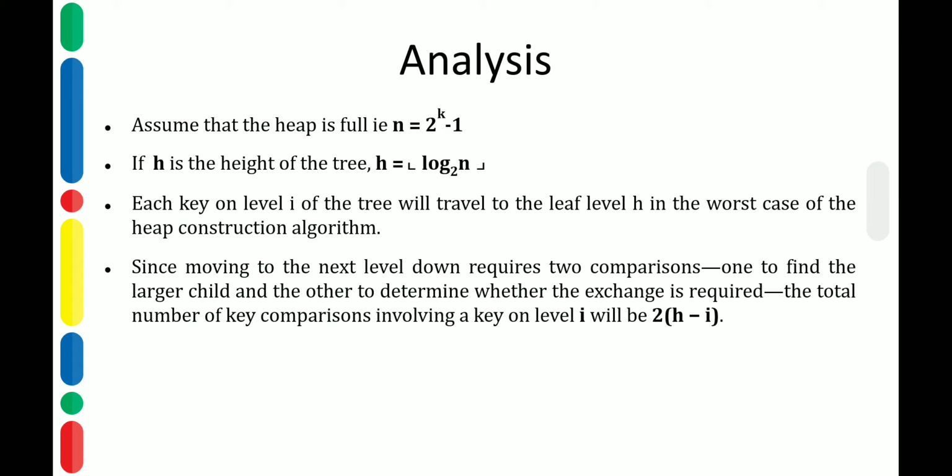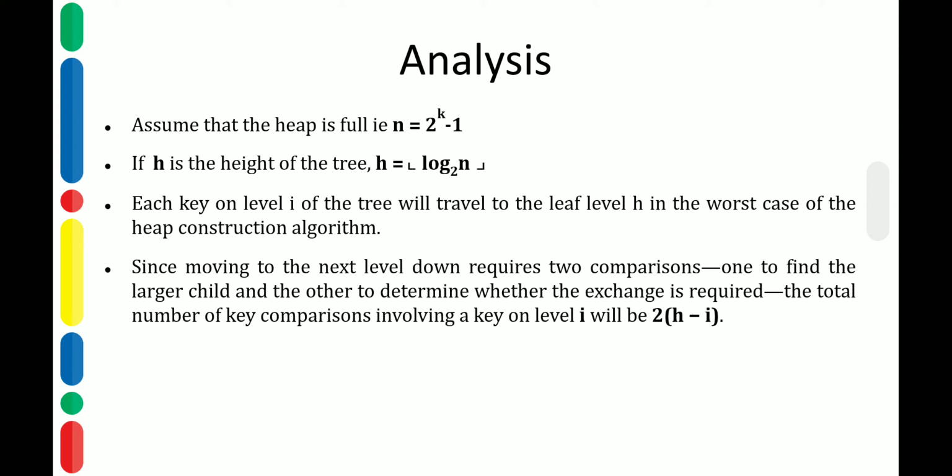Suppose the parent node is the smallest, then it keeps on being exchanged with its children in the next level. Again we compare, parental dominance is not satisfied, and again it will be moved down the level till it reaches the leaf node. You know that leaf nodes will be present in the level h, where h is the height.